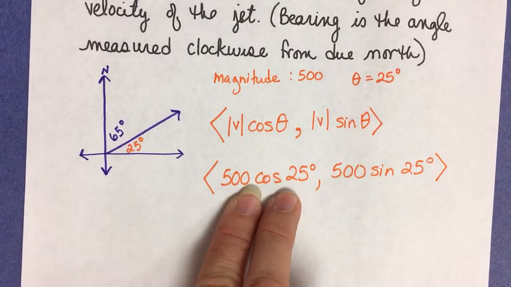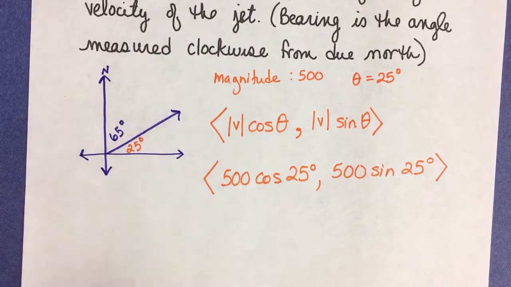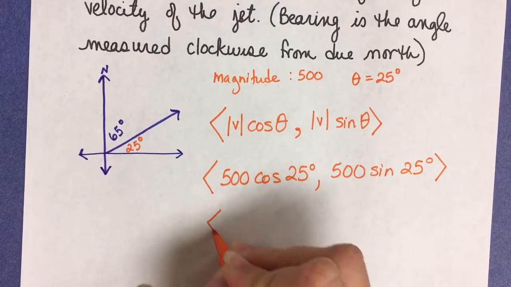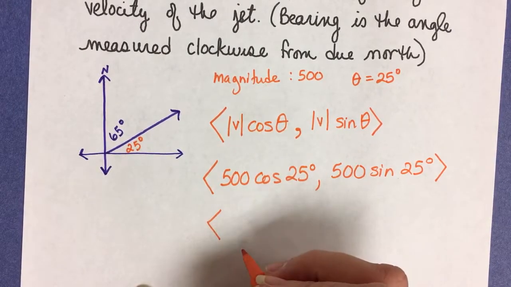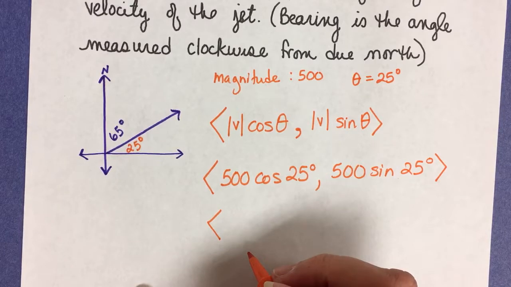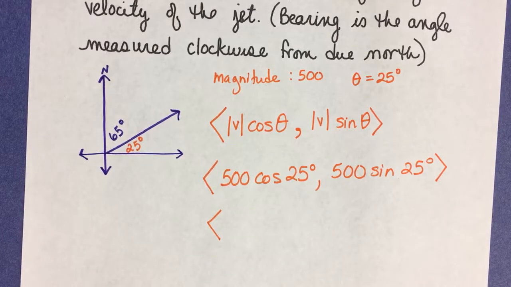Now, entering this into your calculator, you'll have 500 cosine 25, and I'll round this to one decimal place. I typed that in my calculator wrong. Hang on a second.